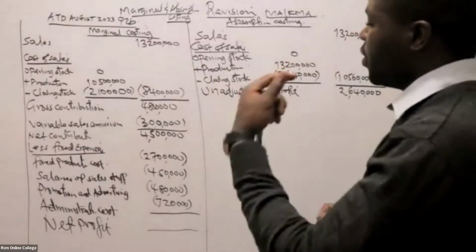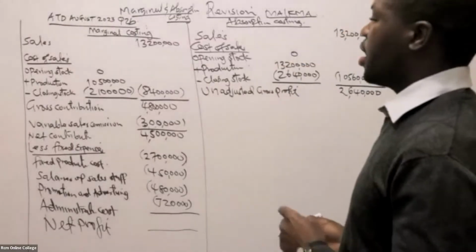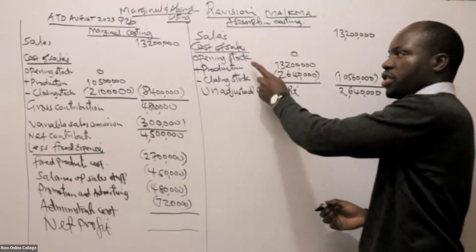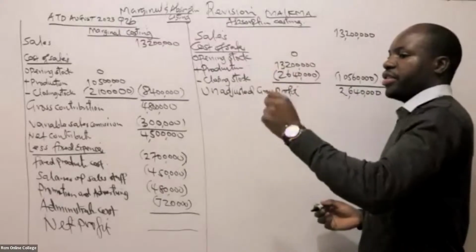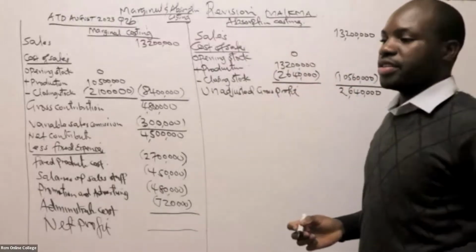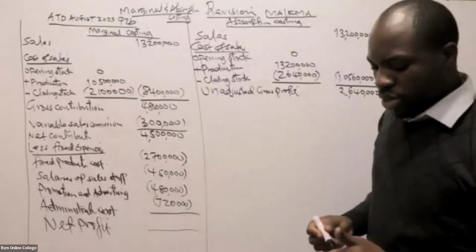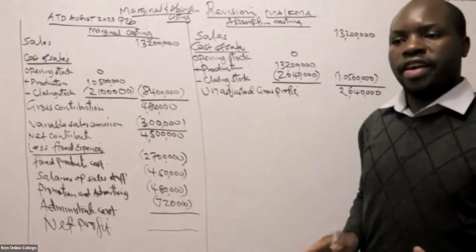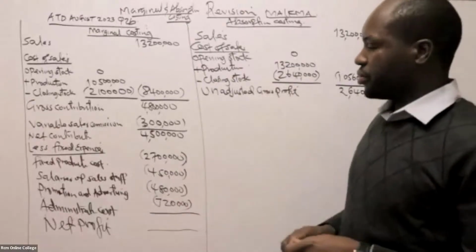The fixed production overheads have been used as part of the product cost. The 440 we are using here has already included the fixed production overheads. The only thing we want to check is, do we have over or under absorption of overheads? That is what we now need to check.